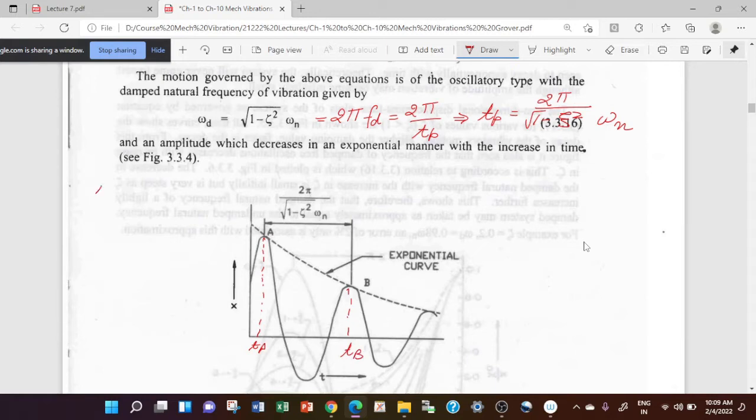So TB minus TA is given by the time period.